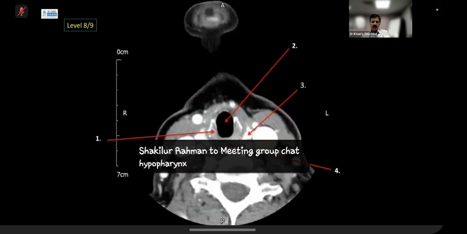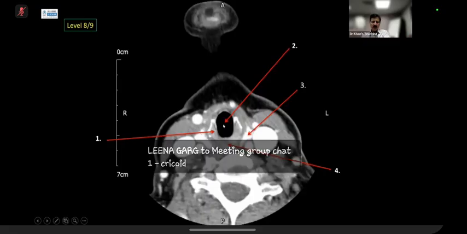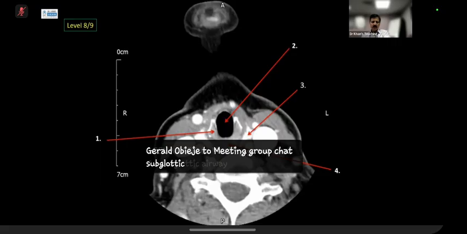And then second last, what is number one? Cricoid. What is number two? Number two, this airway. So the trachea will be inferior to the level of the cricoid, right? So this is the infraglottis.